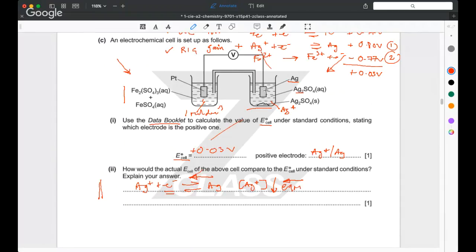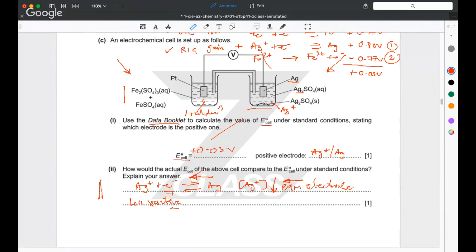And if more electrons are being produced and left on that electrode there, electrons are negative, so that electrode is going to be becoming less positive.